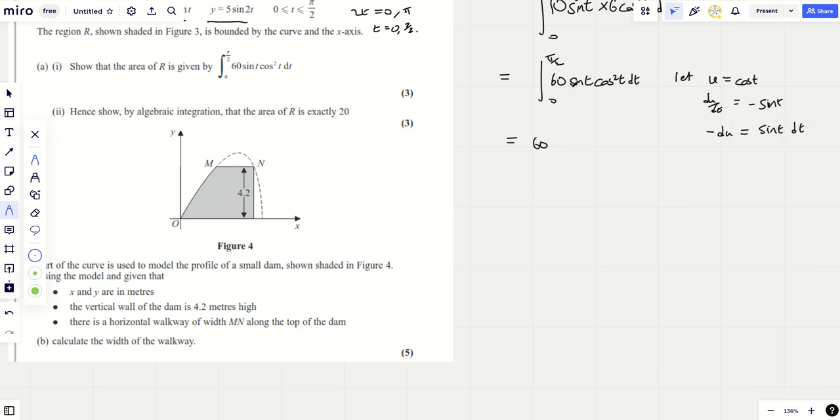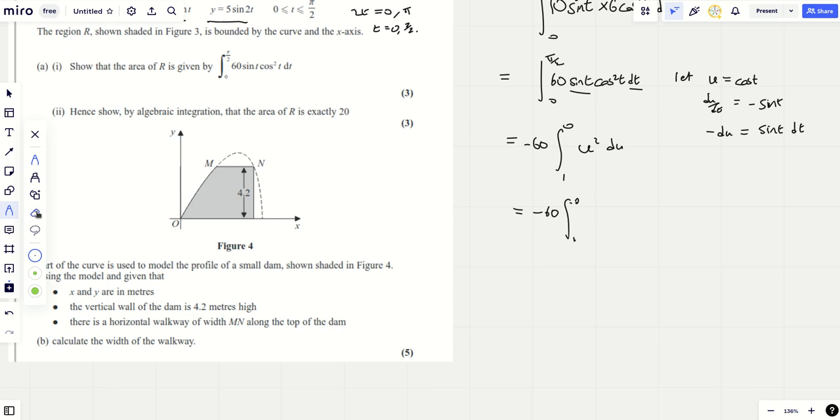So I can trade minus du with sine t dt. The reason why I've organised it like that is I've got sine t dt in here, and so sine t dt disappears and becomes a minus du, and cos squared t becomes u squared du. Change the limits for u: cos of pi over 2 is 0, cos of 0 is 1, and so that's going to go to minus 60 between 0 and 1.